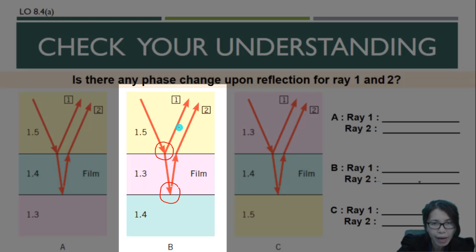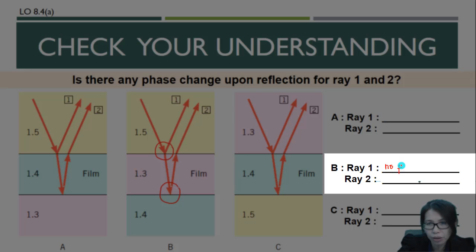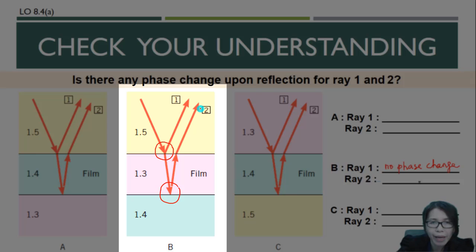So, for ray 1, we will notice that there will be no phase change. Why? Because this ray 1 is reflected from a less dense medium. 1.3 is less than 1.5, so there will be no phase change for ray 1. What about ray 2?